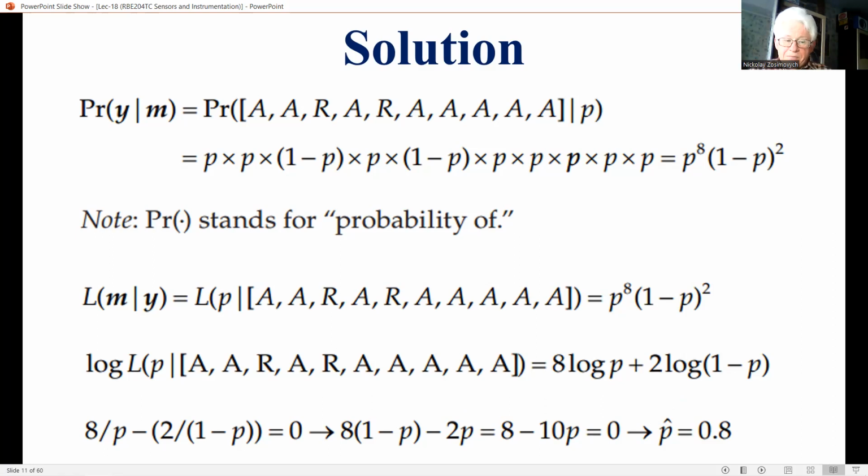In the present example, the first derivative of the logarithm likelihood function is 8 over P minus 2 over 1 minus P. And its derivative is minus 8 over P squared minus 2 over (1 minus P) squared, which confirms that the turning point corresponds to a maximum, not a minimum. Okay?